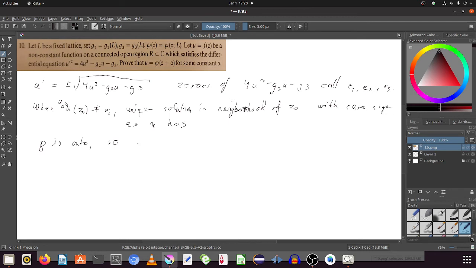So let's assume that P of Z naught equals U naught. Oh, not Z naught, that was this point. We have to have another one, Z1, with P of Z1 equals U naught.